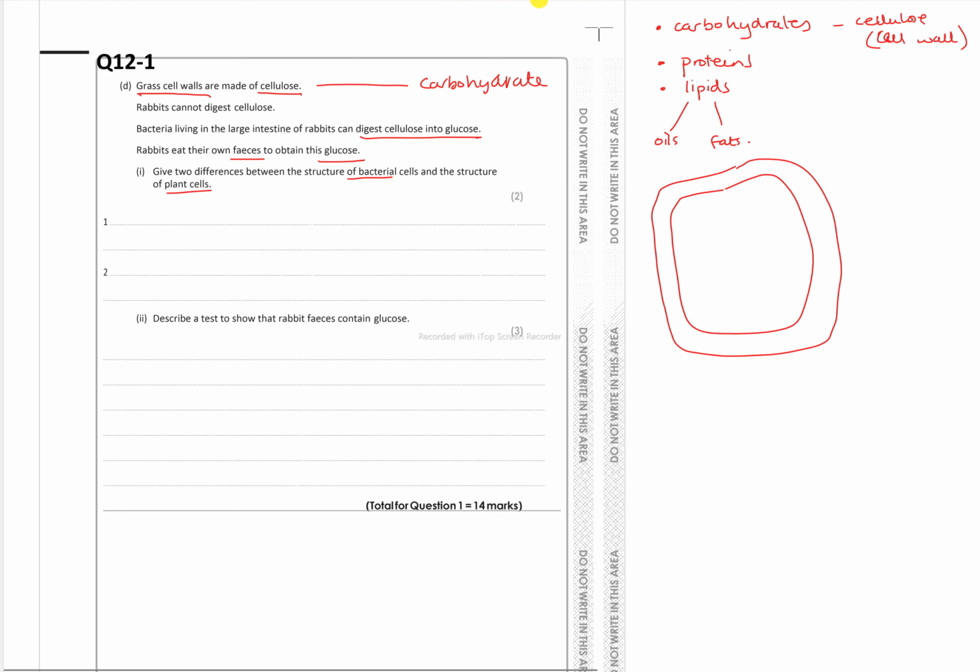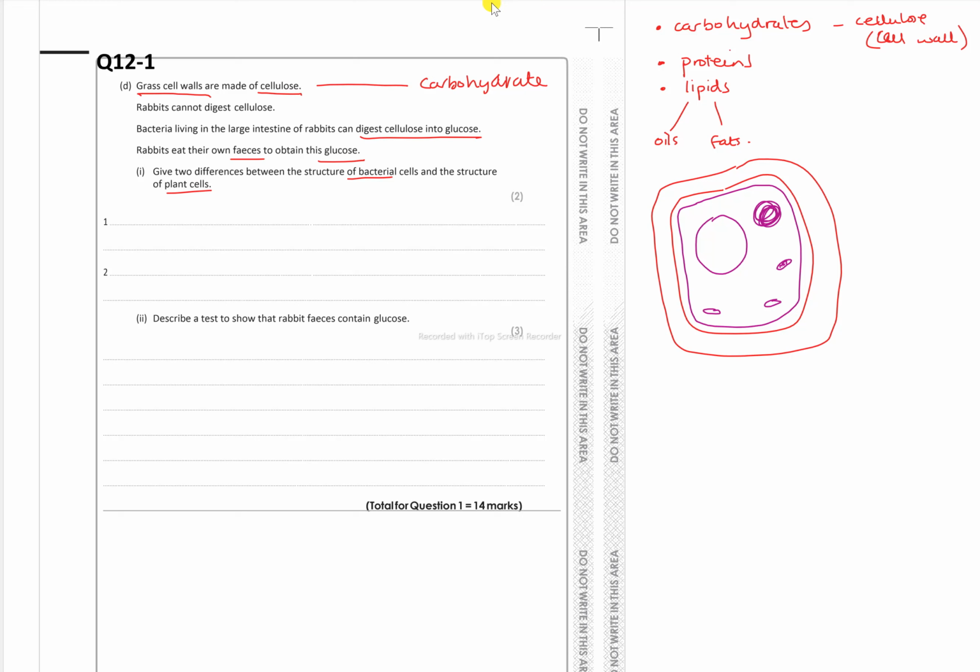So you've got cell wall, and on the inside you've got cell membrane, and then you've got a vacuole, you've got a nucleus, you've got chloroplast, you've got mitochondria, you've got ribosomes, and there you go.